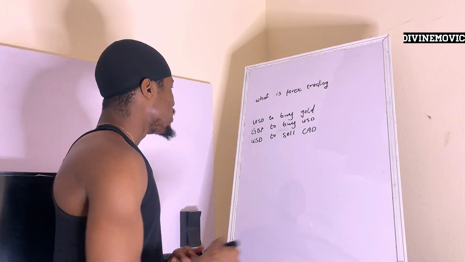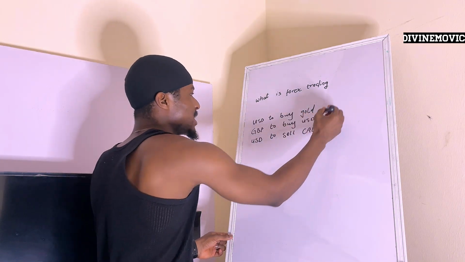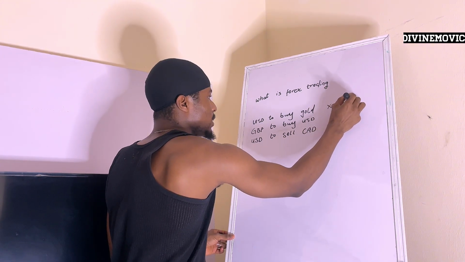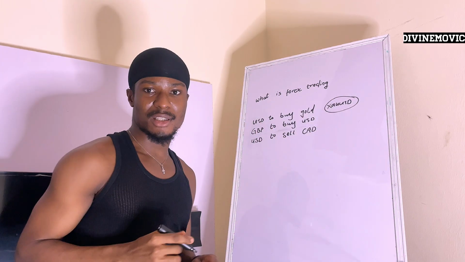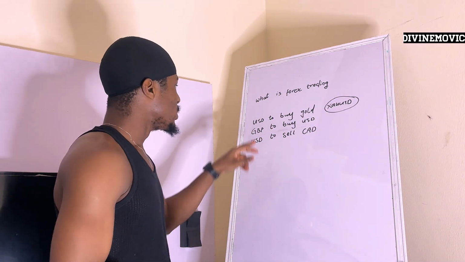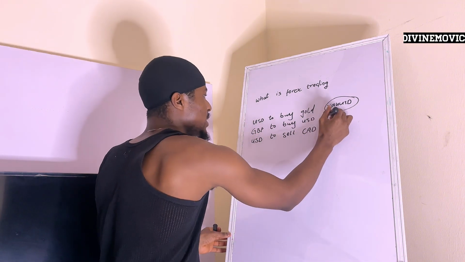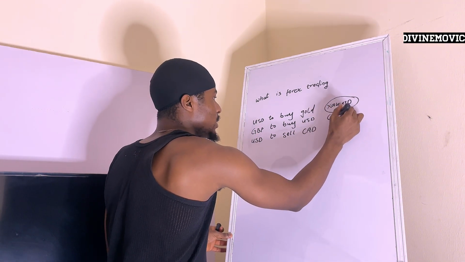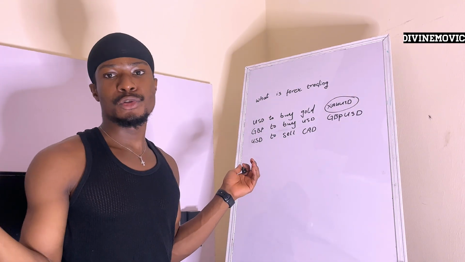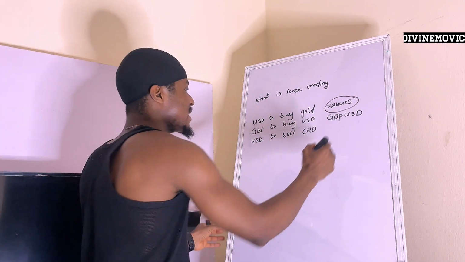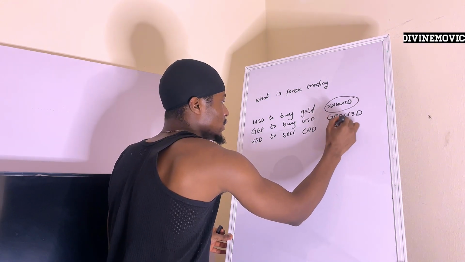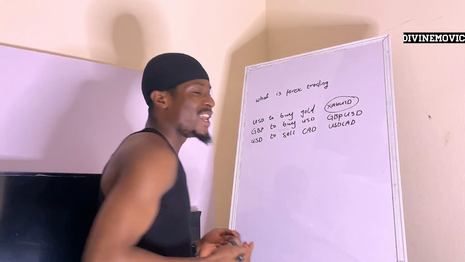That means if you choose to buy gold with USD, it's simply going to be in this pair, XAUUSD, right? And if you choose to buy GBP with USD, it's going to be paired like this, GBPUSD. And if you choose to sell USD CAD, it's simply going to be USDCAD. That is in pairs.